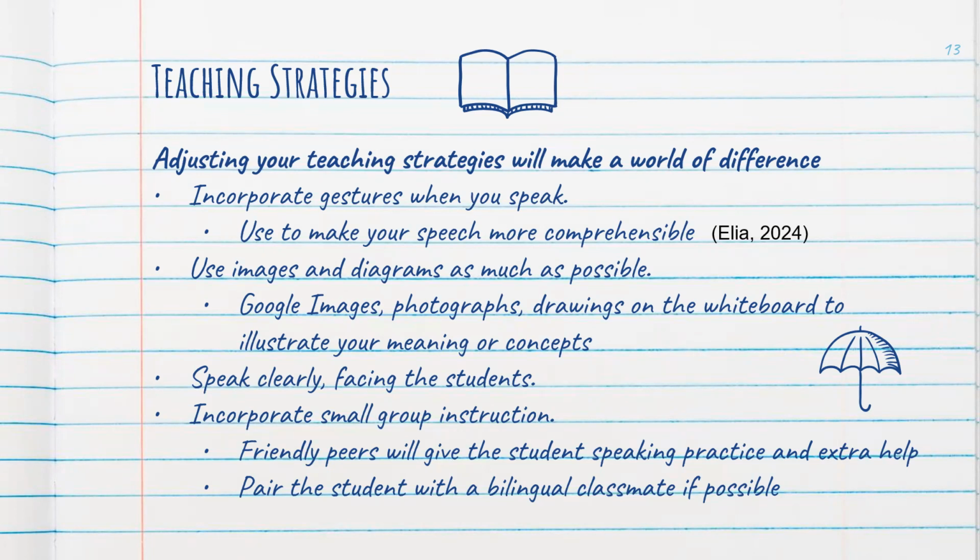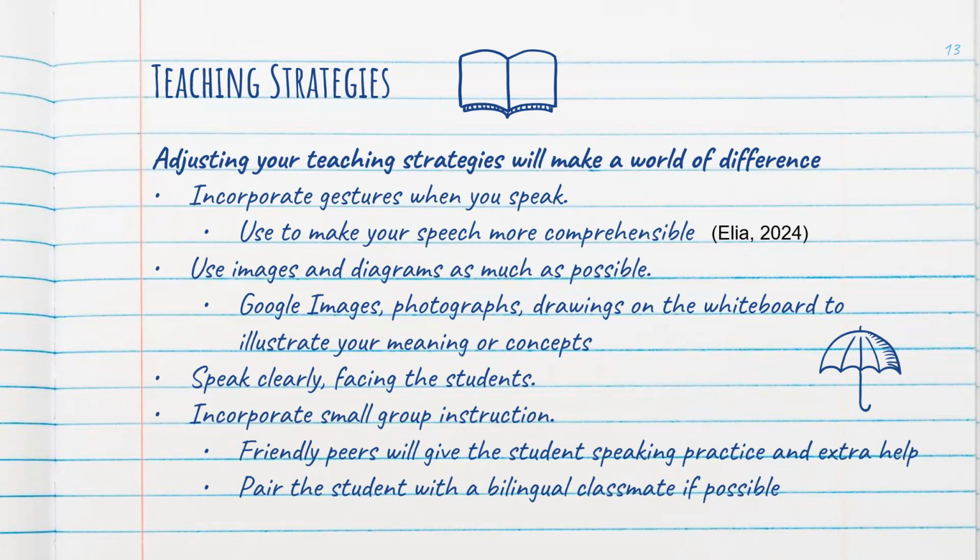So make sure that you are speaking clearly, that you are enunciating, that maybe you're not speaking too fast, and make sure that you are facing the students so that they can get more information from your facial expressions and your gestures.